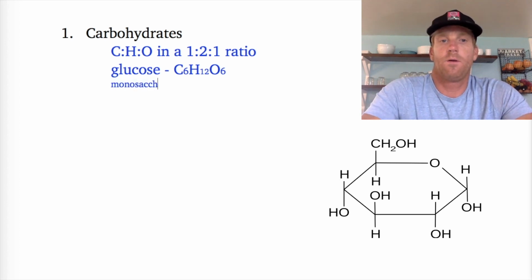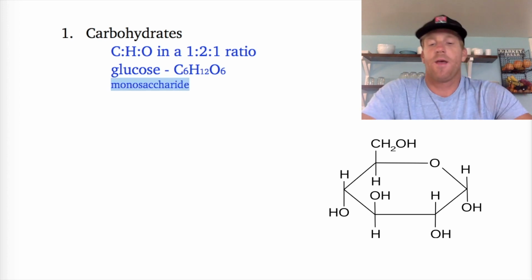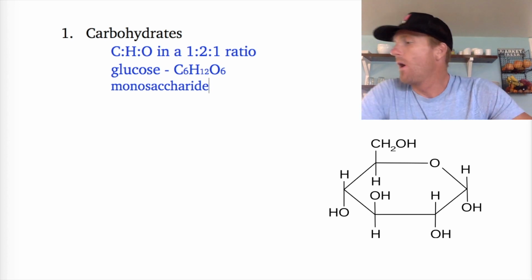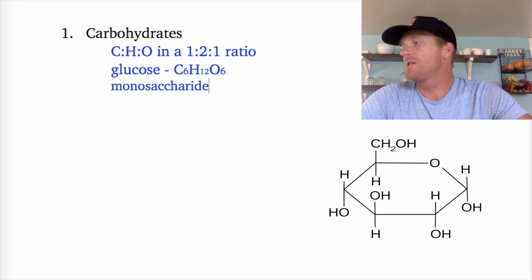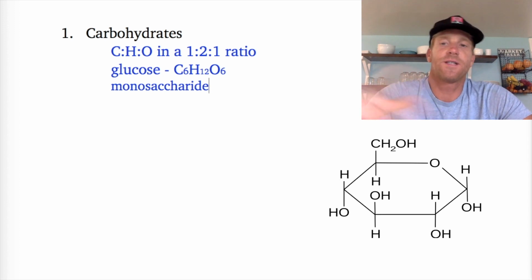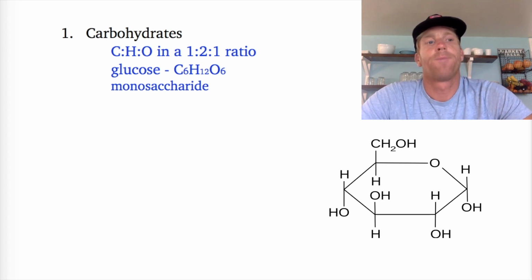Glucose is a great example of that. Other monosaccharides that you might run into are fructose, galactose, deoxyribose, and ribose. But glucose is really the most common monosaccharide, a single ring of carbons with some oxygen and hydrogens coming off to the side.